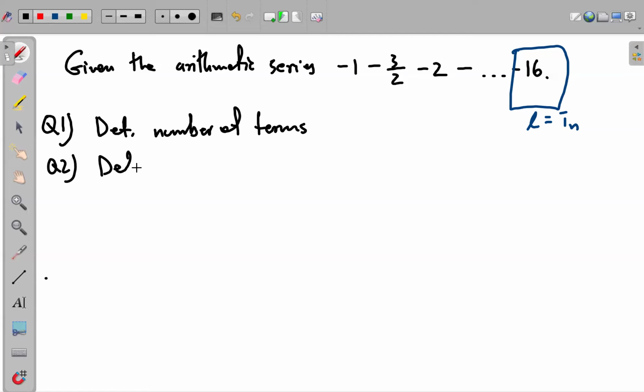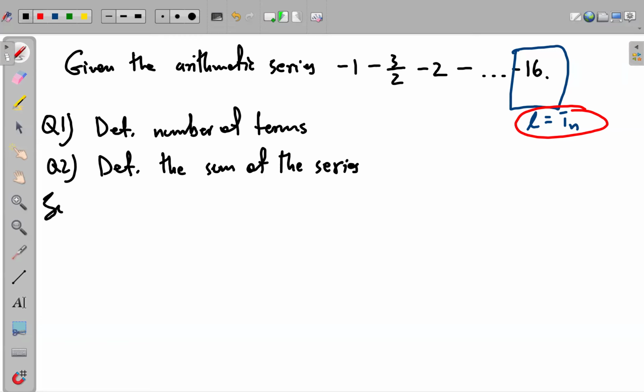So determine or calculate the sum of the series. So we will use this beautiful principle to actually find the number of terms in this series.